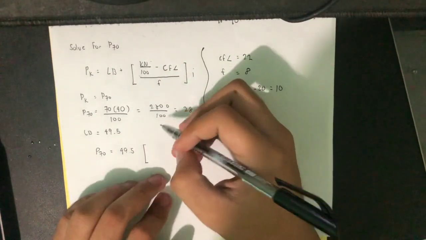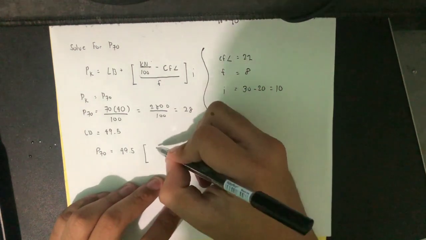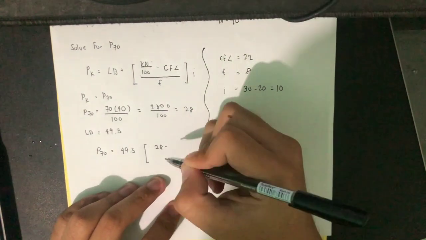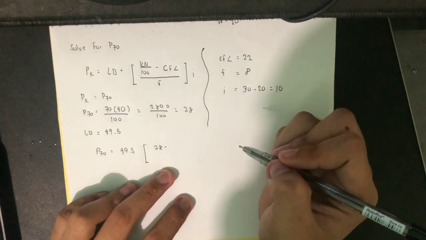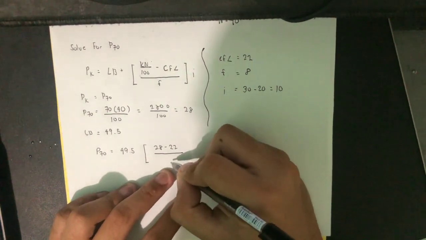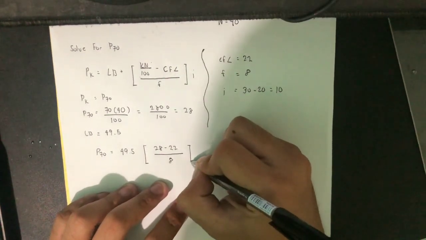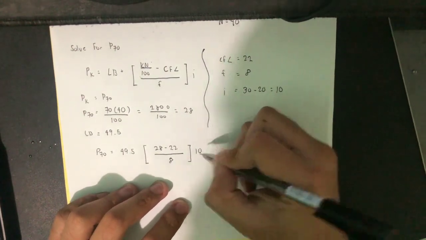Then the class row, which is KN over 100, is 28. Then the cumulative frequency before the percentile class is 22, over the frequency 8. Then it is multiplied by the class interval 10.